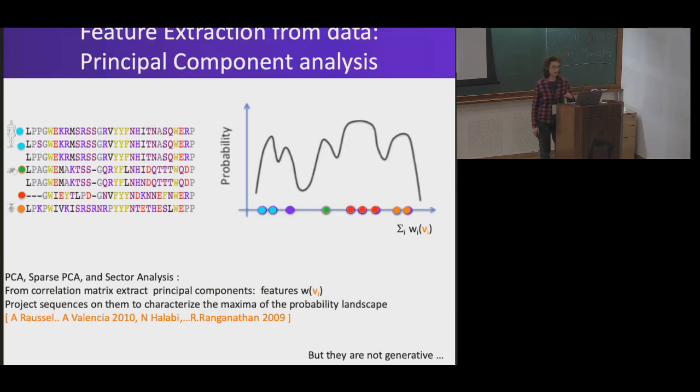The second important point is that, as I have told you, these sequences are sampled from different organisms, and they are clustered in the space of possible configurations. So the idea is to also extract from this data the different clusters corresponding to different subfamilies of this family, for example subfamilies in which the specificity for the ligand is a little bit different.